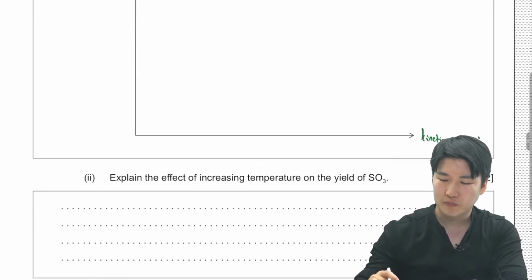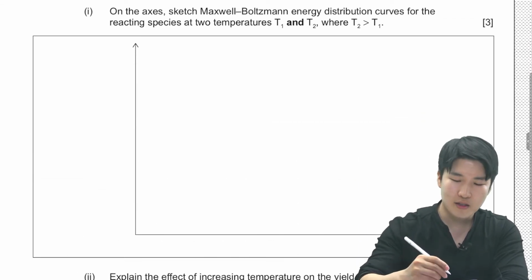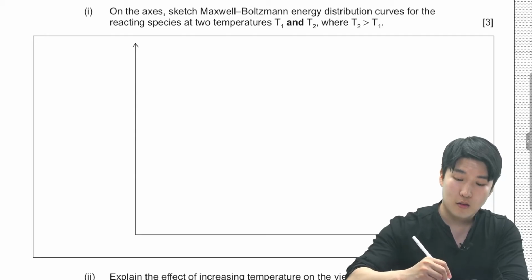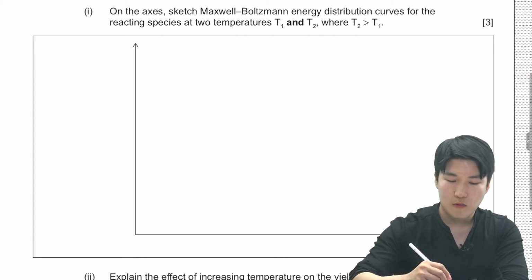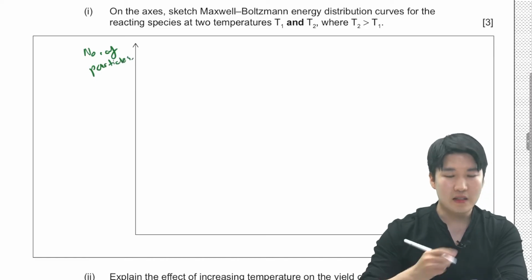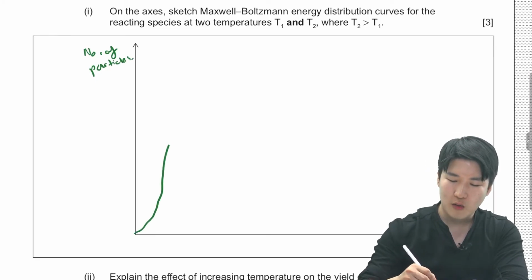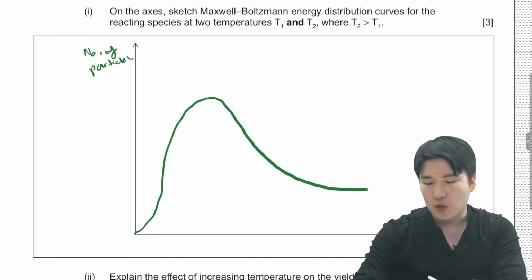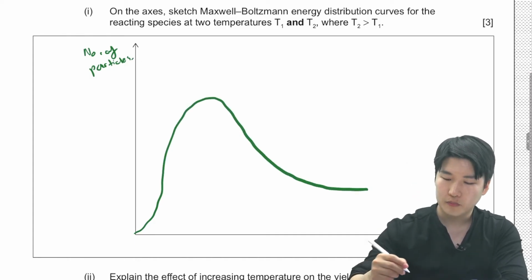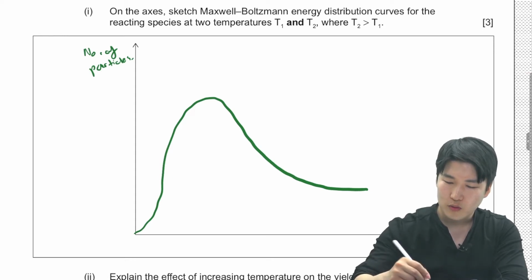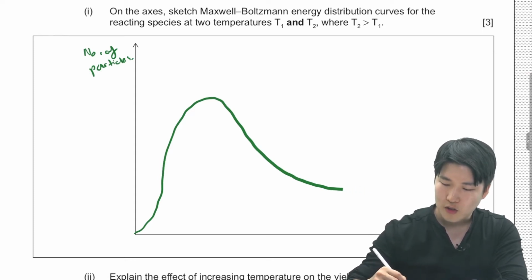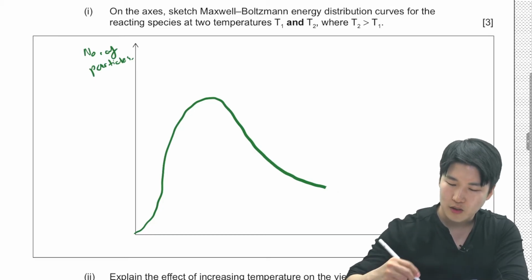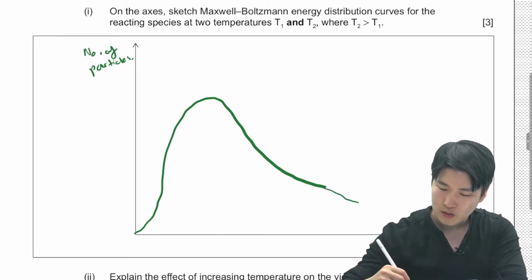Y-axis is going to be number of particles. The standard distribution curve that we draw is going to have this shape. Maybe I've drawn the finish line too high. I'm going to reduce that down slightly.